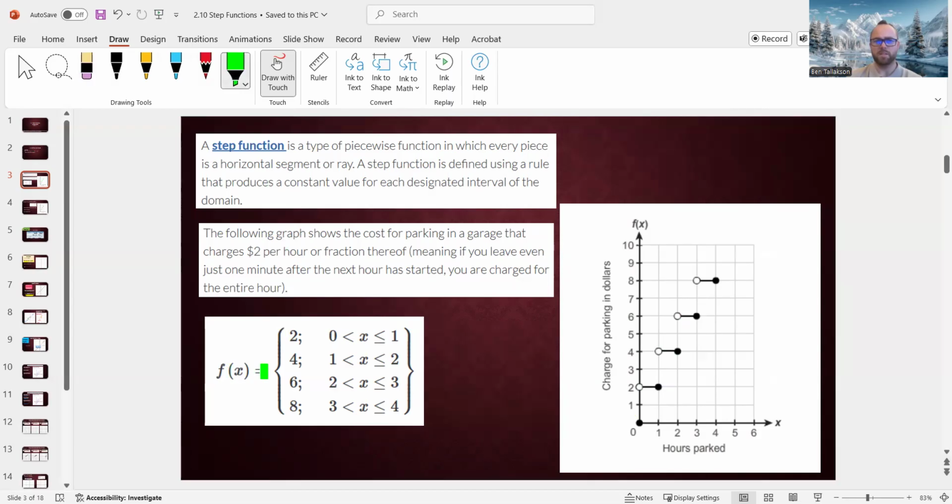And we know that anytime a function equals a single number, that gives us a flat horizontal line. So that makes sense why we see 2, 4, 6, and 8. Okay? And this also has a rule, right? Piecewise functions have rules. So take a look.